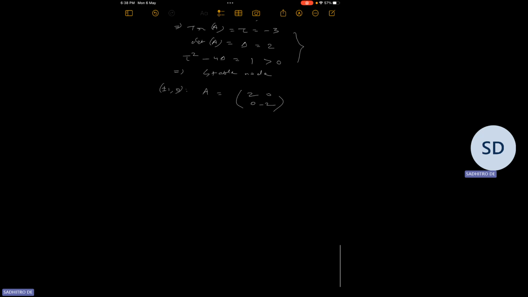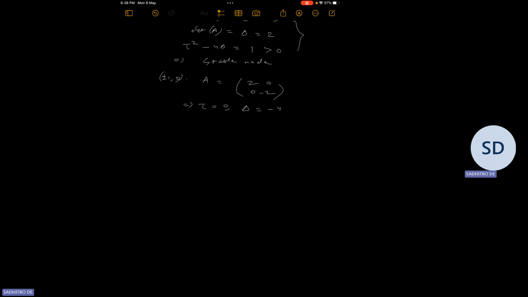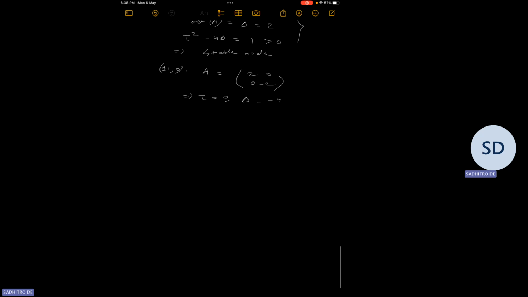Right. So again we have the trace is 0 and the determinant is equal to minus 4, and this implies that the points plus minus 1 are saddle points.